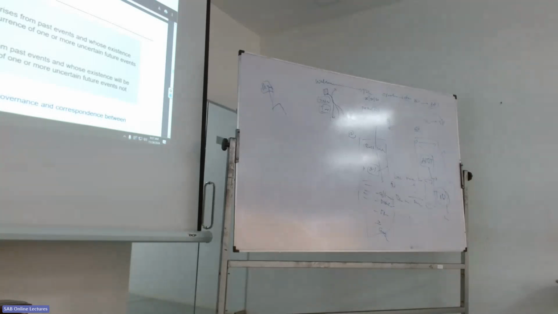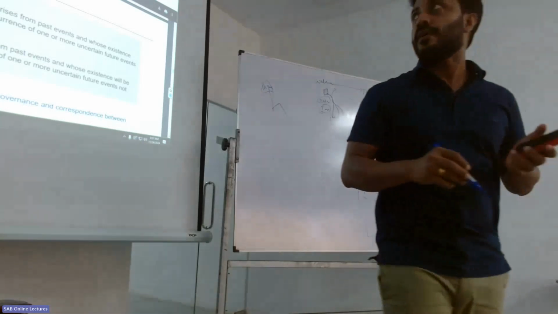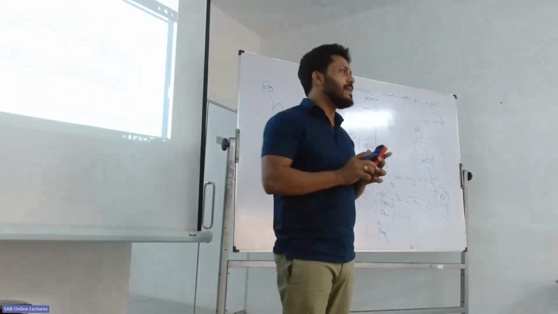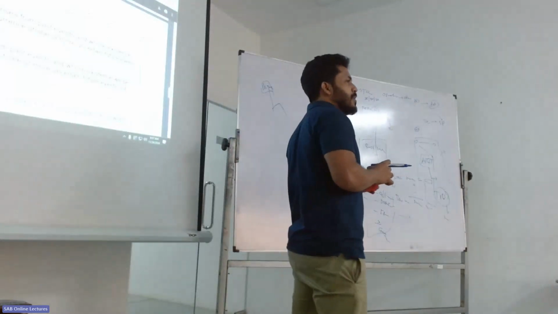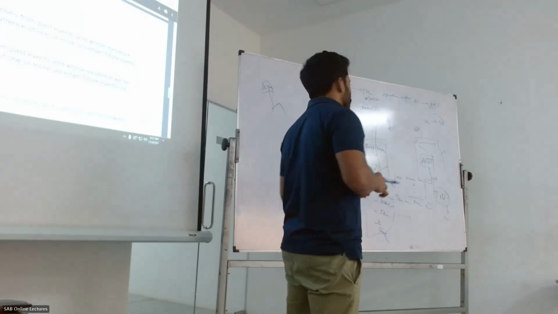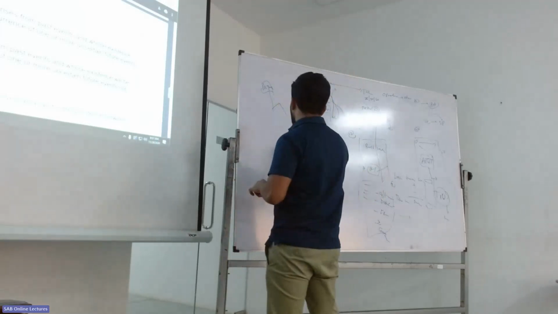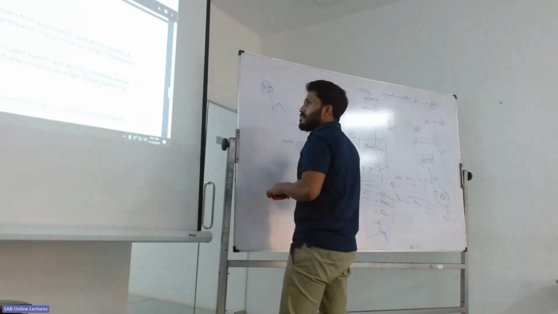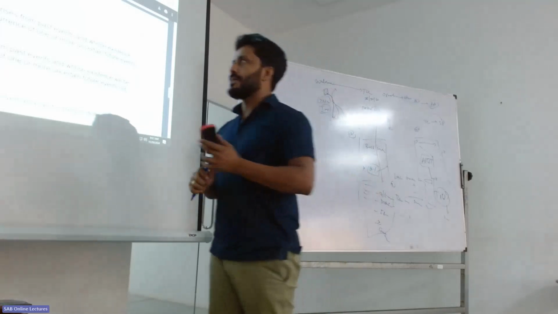Now we are moving to some of the disclosures. One is contingent asset and contingent liability disclosure. So we can refer to Case 37.